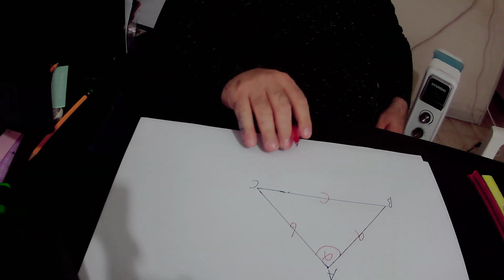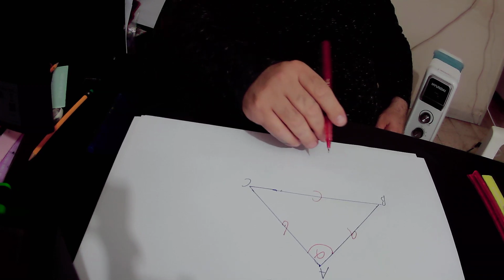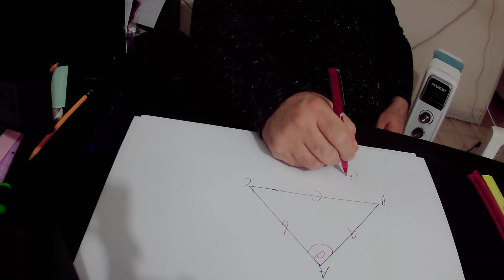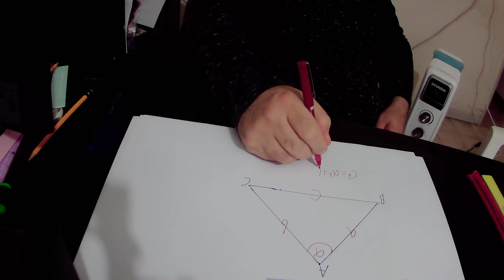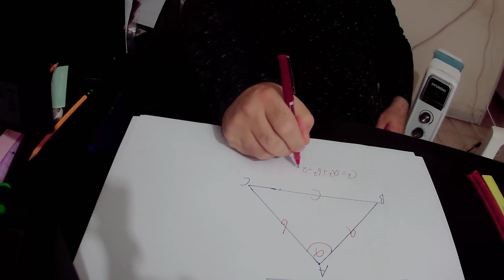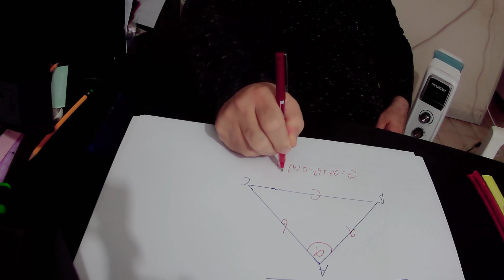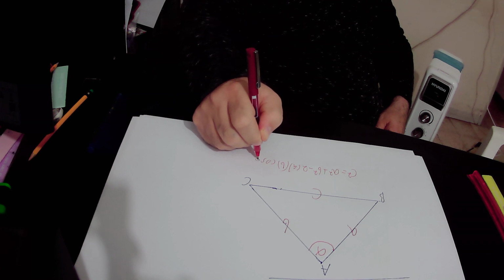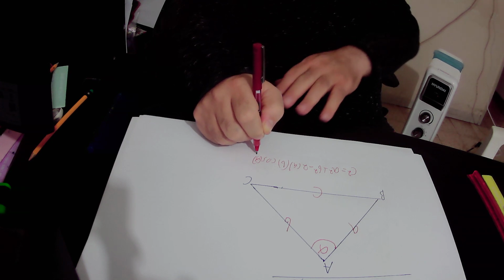Then, according to the law of cosines, C squared equals A squared plus B squared minus 2 times A times B times cosine alpha. This equation is true in any triangle.